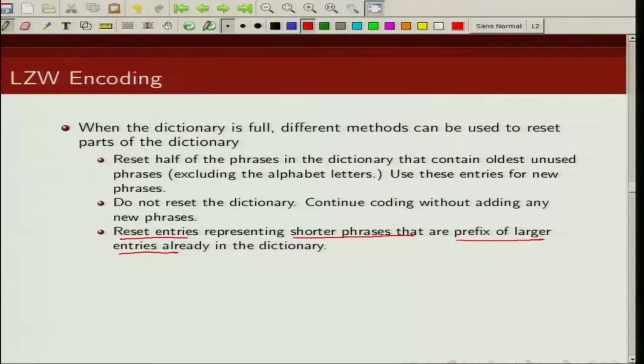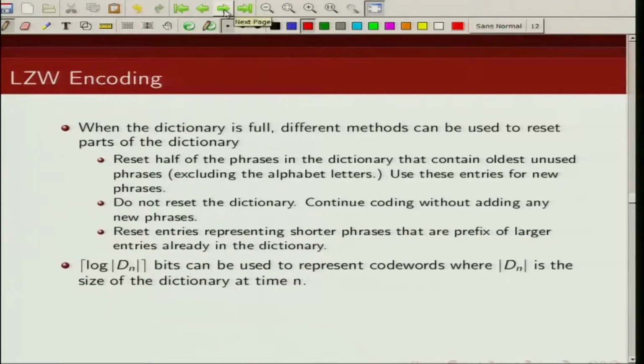So for example, if you encounter 01, and if 0110 or 0111, 0100, 0101 are already there in the dictionary, then there's probably not much point keeping 01. So that's what I meant when I said reset entries representing short phrases.